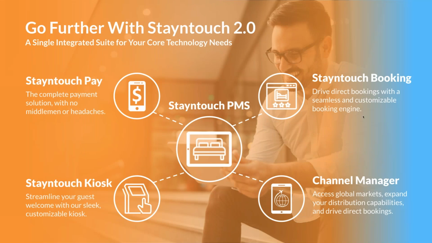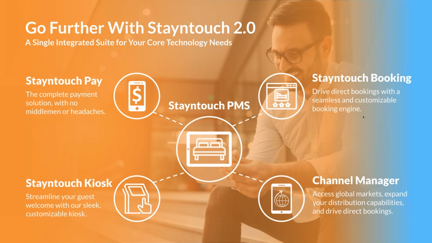So you saw a high-level aspect of our core functionality, and then recently, last year, we really launched our Stayntouch 2.0 that has an additional suite of technology that you can add on, as a bundle or individually a la carte, such as our Stayntouch Pay. That includes a full end-to-end process that we'll dig in a little bit more to.